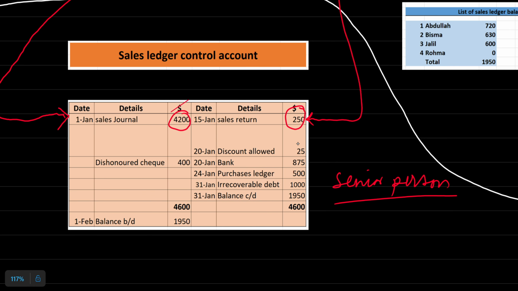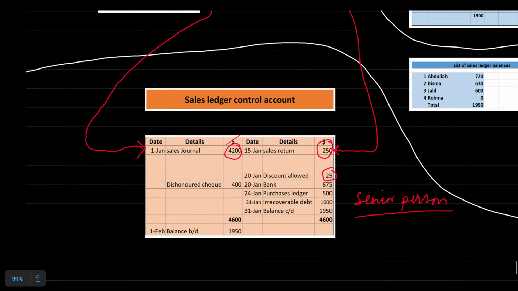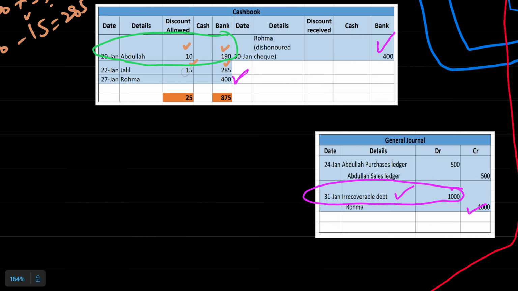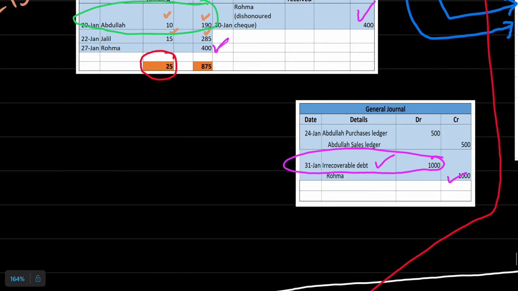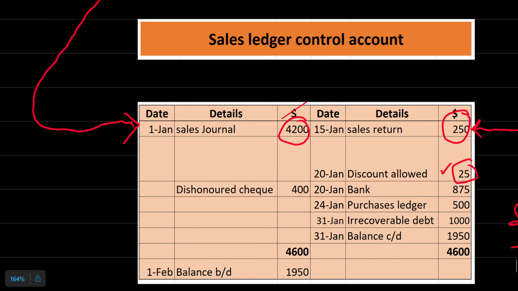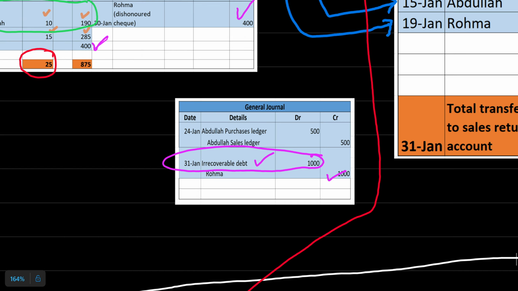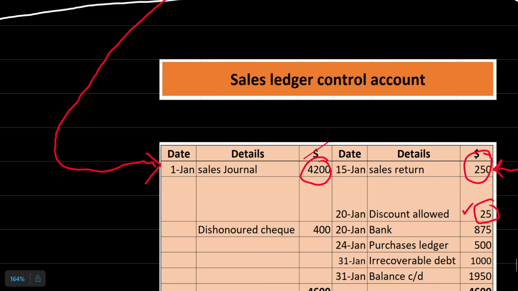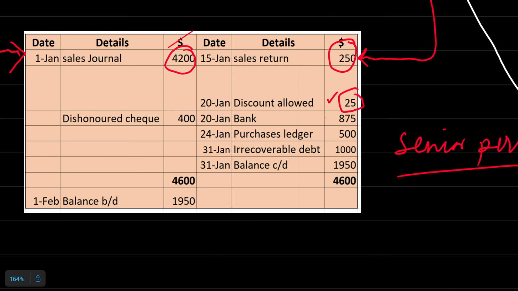So this was total sales from the sales journal, and this is the total of the sales returns journal. And this is the total of the discount allowed column in the cash book. This is the cash book and the total is 25, which we have recorded in the control account on the credit side. Similarly, the total amount received from the customers is 875, the total of this column. So 875 will be recorded on the credit side.